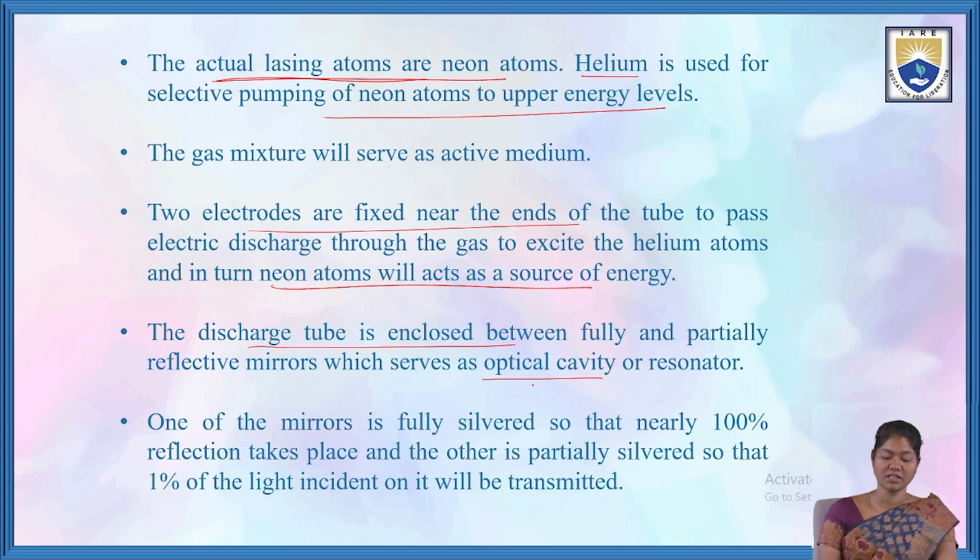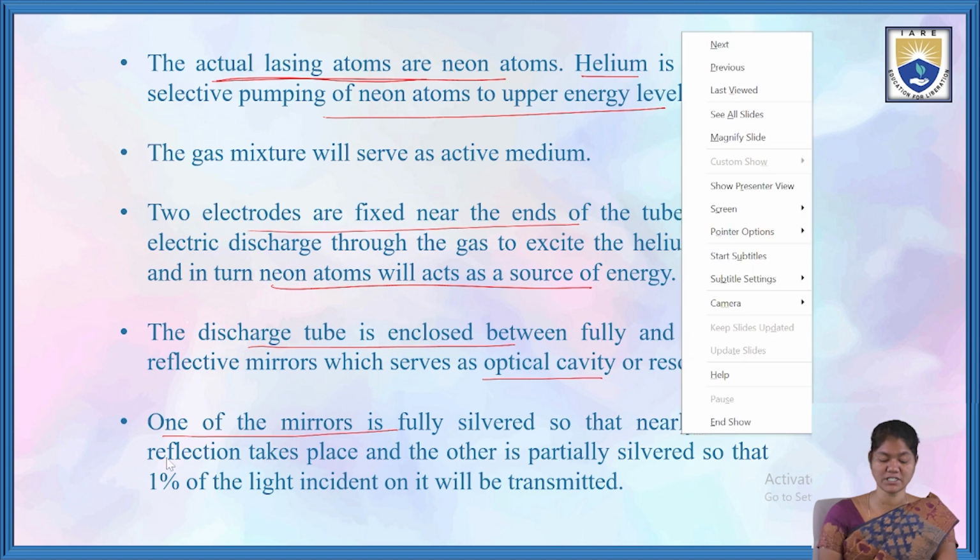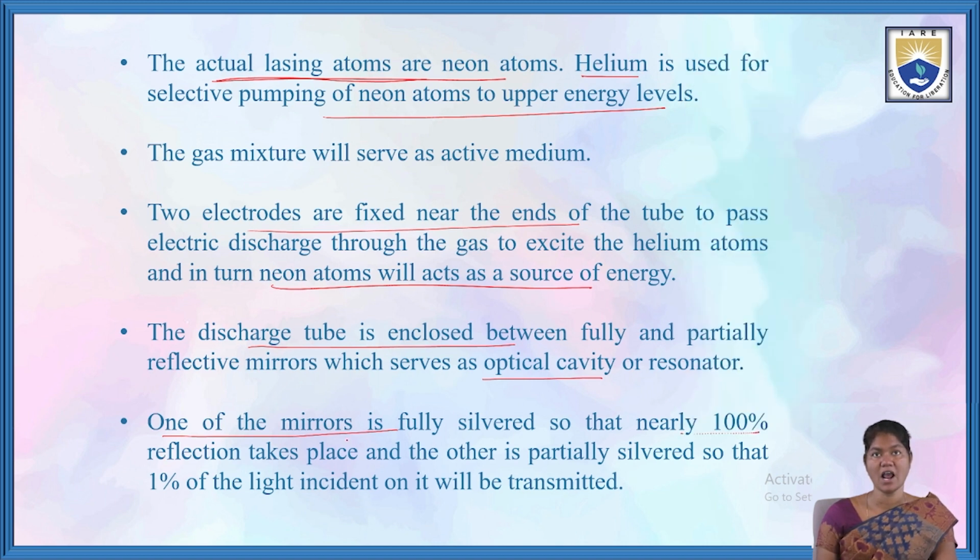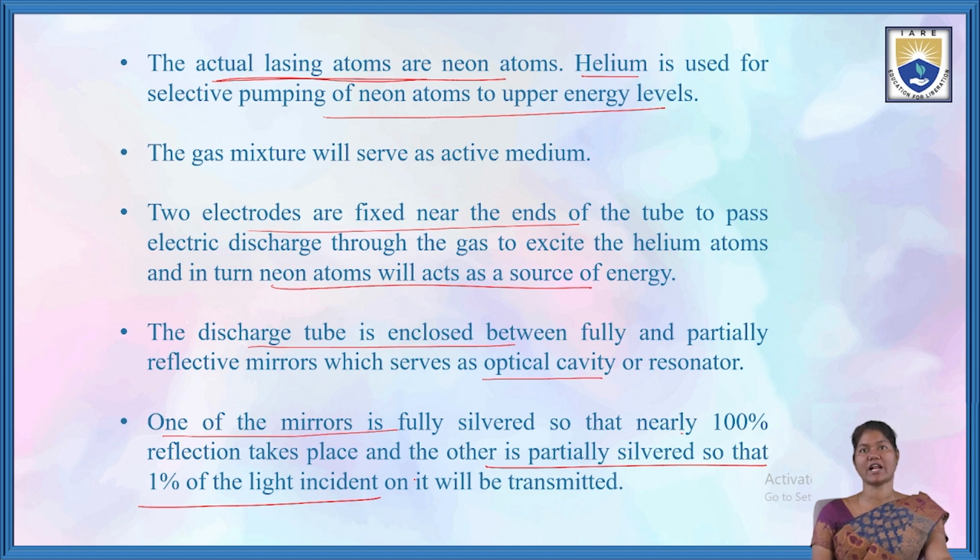One mirror is fully silvered so that nearly 100% reflection takes place, and the other is partially silvered so that 1% of the incident light is transmitted.